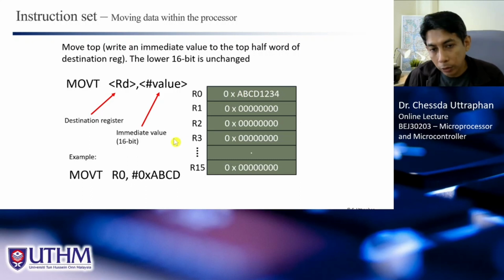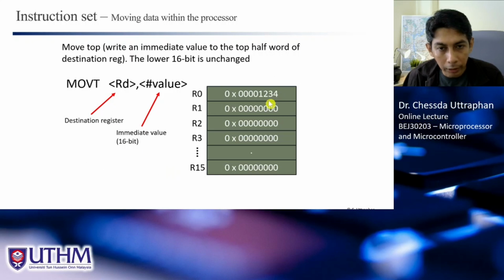Means that if we want to move a 32-bit number into a register, we need to use two instructions, right? The first one is MOVW, for the first 16-bit or first half word into the lower half word of the register.